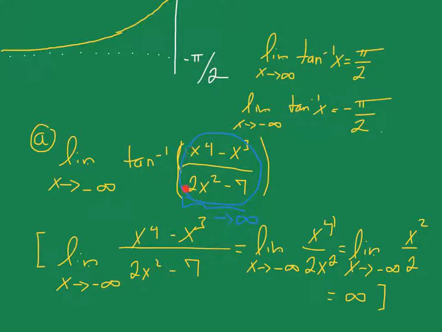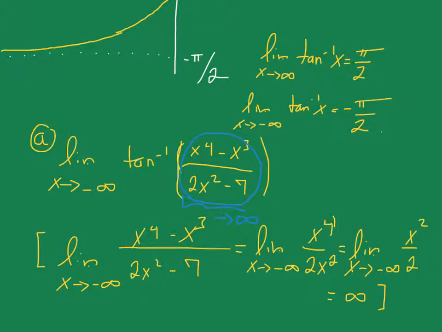What we've determined so far is that as x becomes large and negative, the argument of tan inverse is going to become large and positive. So what does tan inverse of a large positive number look like? We know from the graph of tan inverse that as x becomes large and positive, tan inverse x becomes close to pi by 2. In other words, tan inverse of large positive numbers are close to pi by 2.